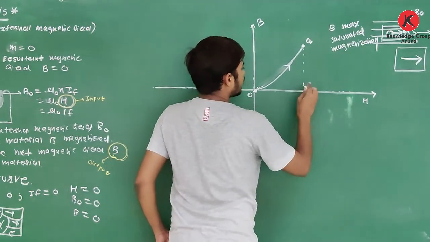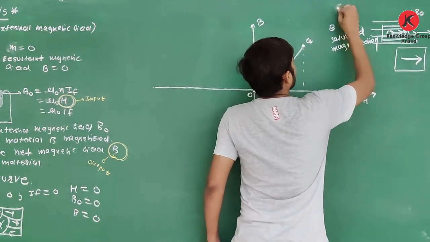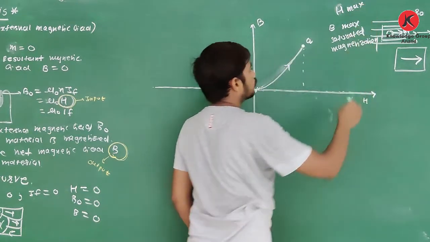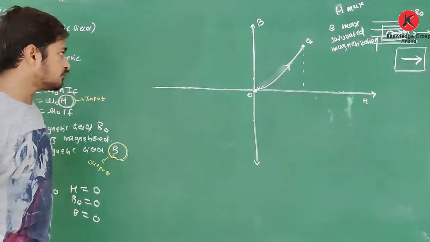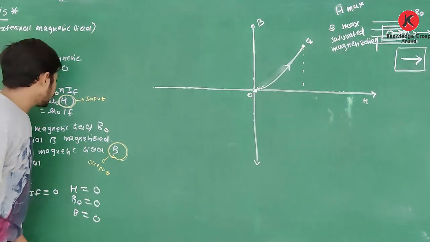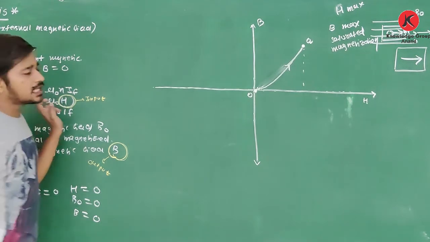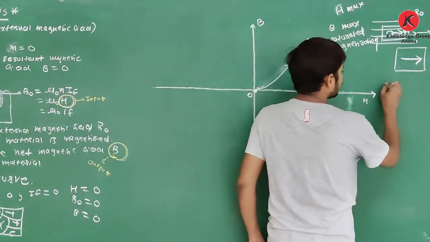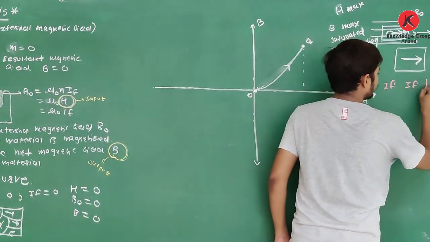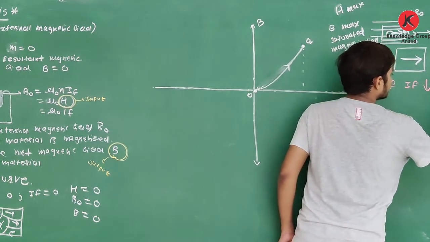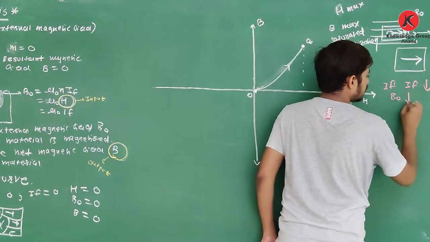At this point, current IF, or we can say H, is maximum. Now if we decrease the current flowing through this solenoid, then as IF decreases, H decreases and the external magnetic field decreases.